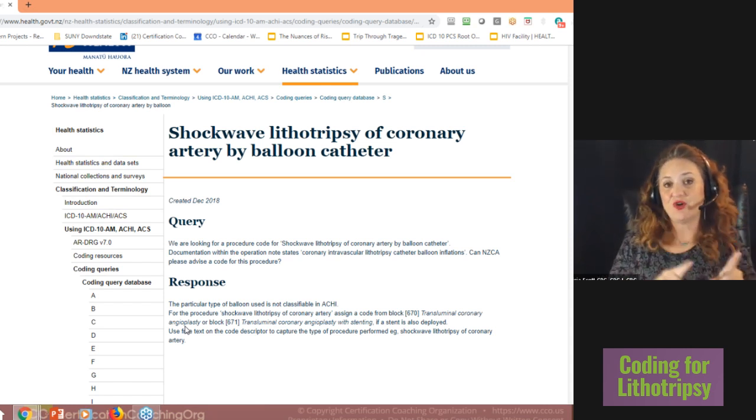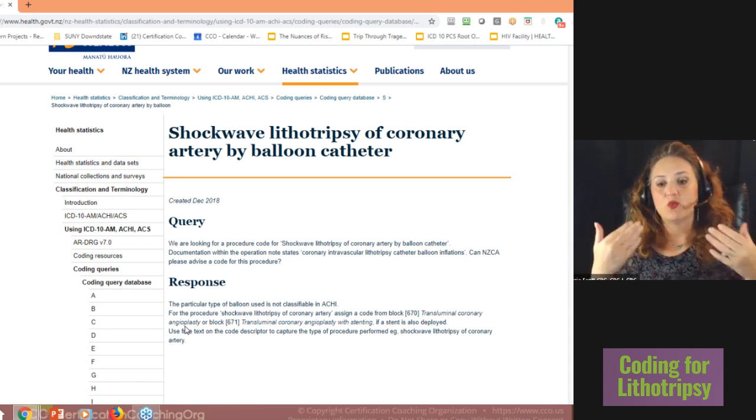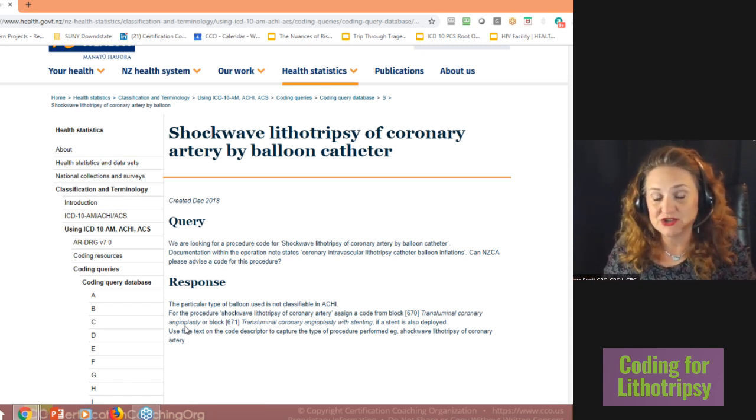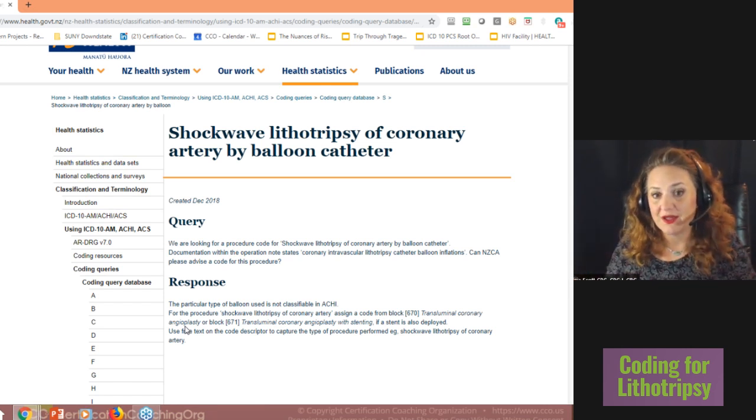Now, if you know how they do this, then it would make sense. Ultimately, they go and do a transluminal coronary angioplasty. Now, we can only do peripheral, but they get to do coronary. They get to do it all.